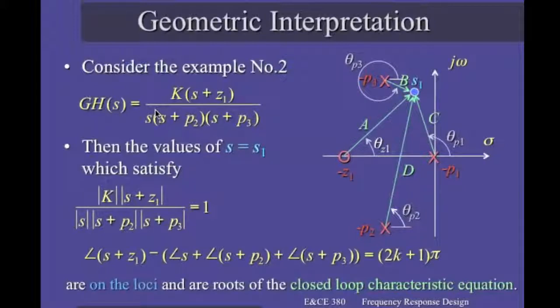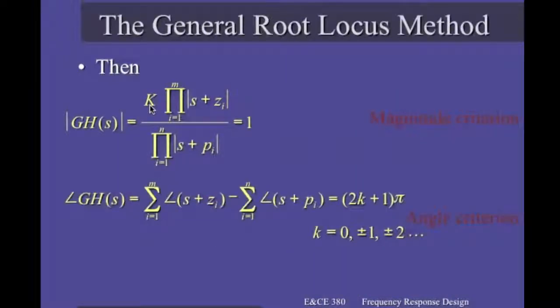And so the root locus is the tracing or the mapping of the poles on the complex plane when K is increased from 0 to plus infinity. When K equals 0, it means that the controller has been shut down.